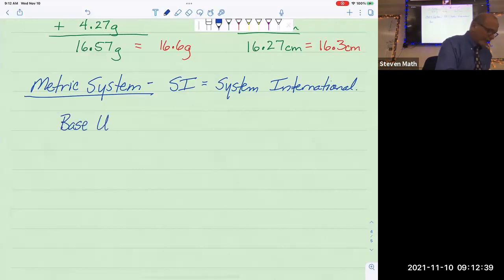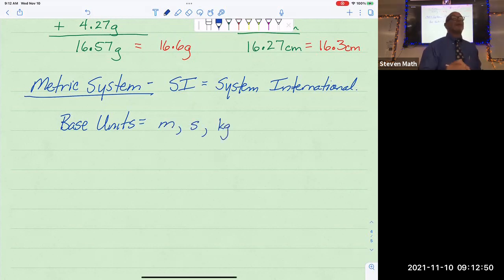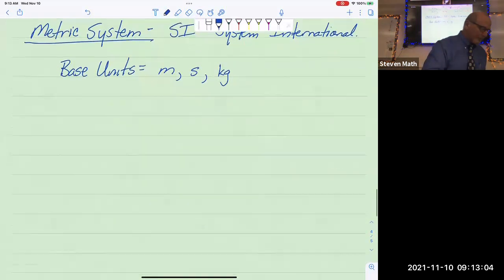There are base units to System International. This is a trick question. The base units are meters, seconds, and for mass, it's kilograms, not grams. That's a classic trick question. Don't fall for it. I'm going to talk about liters in a minute after I do my prefixes.